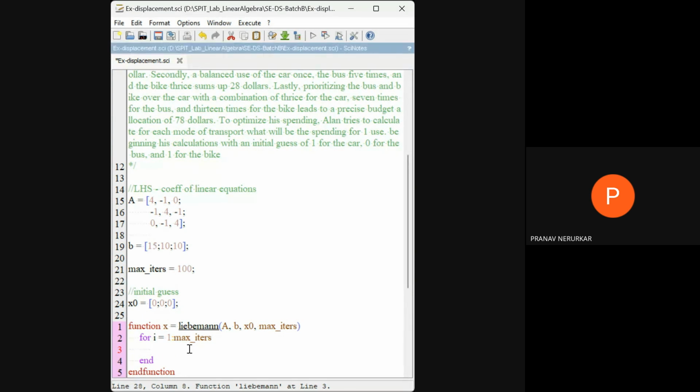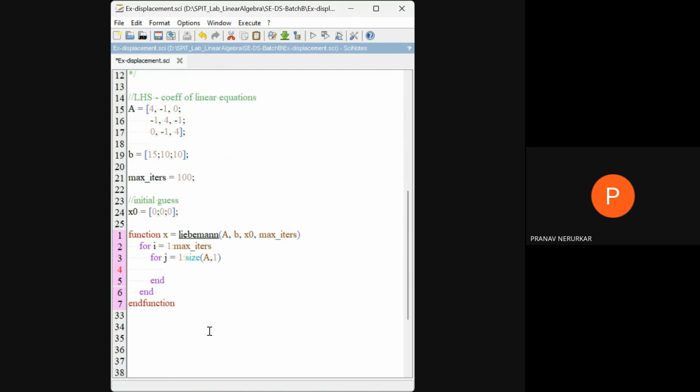Okay, so we are iterating through each row. So j variable it will iterate. For all iterations, we are going to iterate through each of the rows.